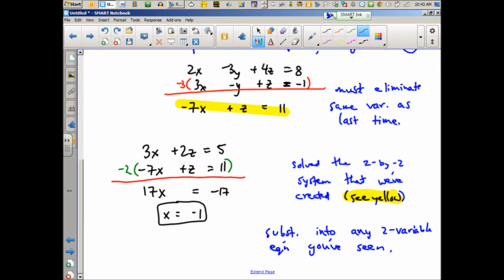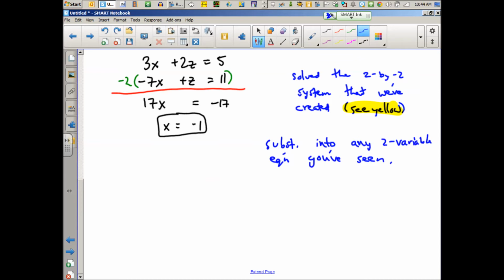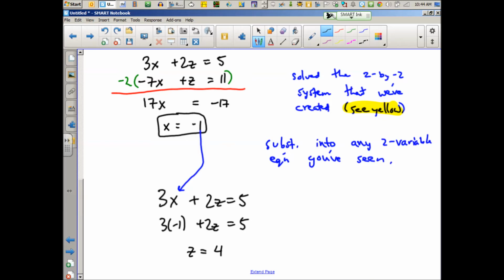There's equations everywhere, but have you seen any with two variables? Yes, we have. We saw an equation right here, 3x plus 2z equals 5. Why not put in the negative 1? Okay, so basically you end up with z equals 4, because you're going to end up with 2z is 8. So now you know z.